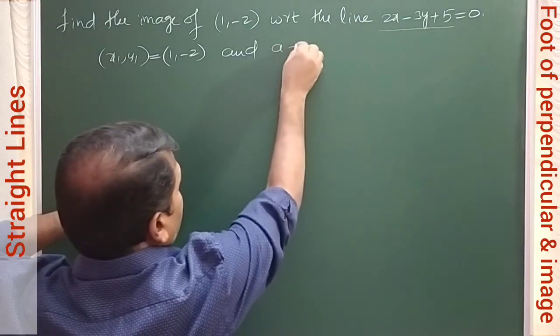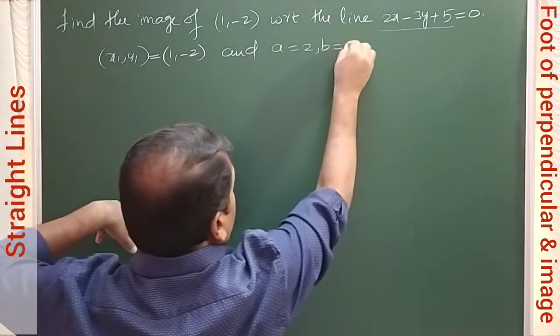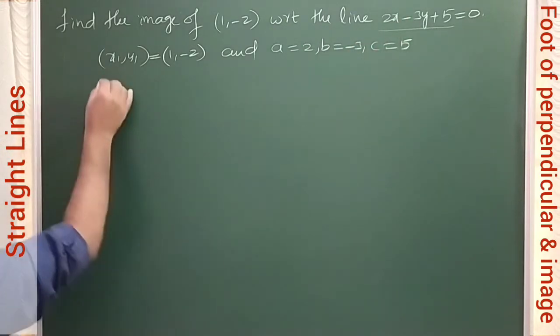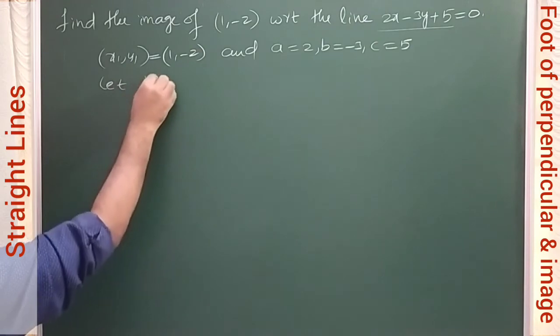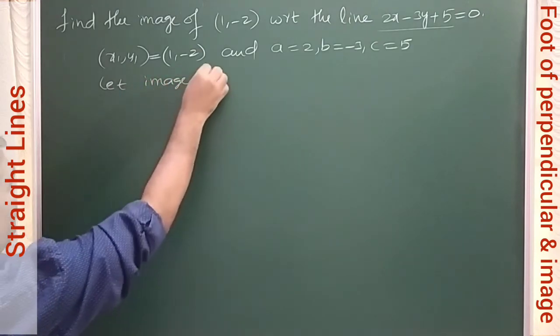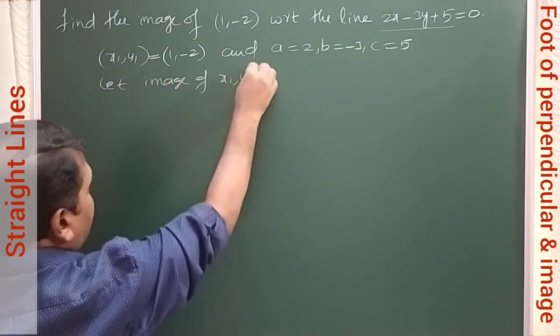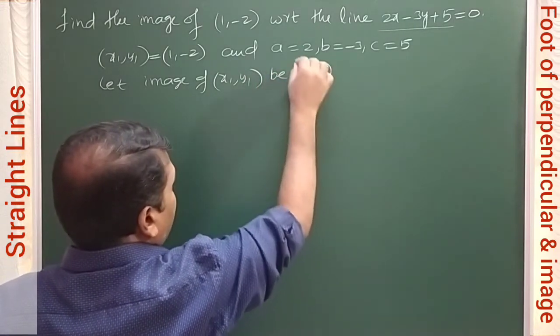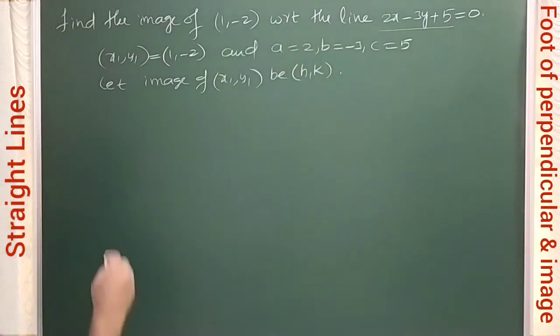Therefore you will get a as 2, b is minus 3 and c is 5. Let the image of x1 comma y1 be h comma k. We have to find h comma k.